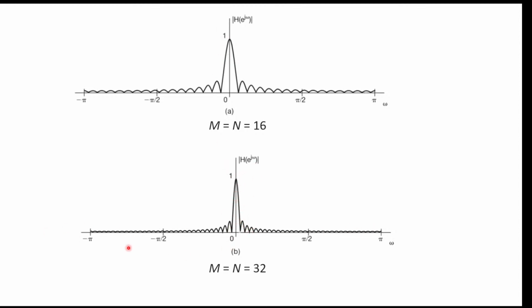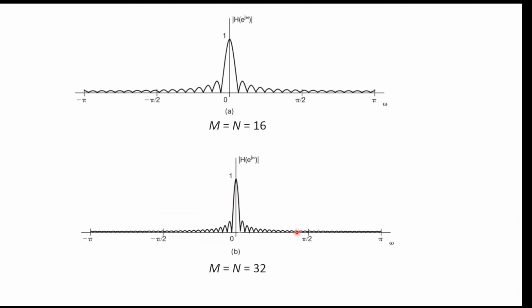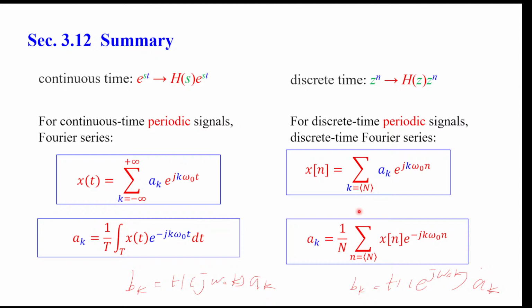Intuitively this makes sense, because this is an averaging function, so it should be smoothing out your signal. The high frequency components will get averaged out and suppressed, and you are left with your low frequency component.